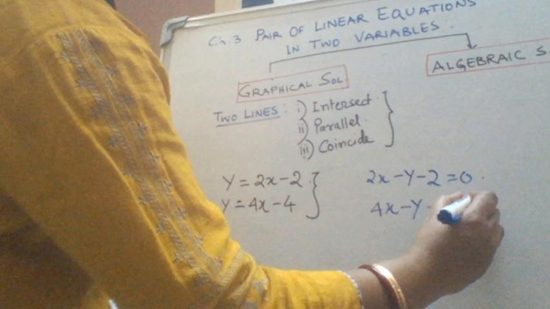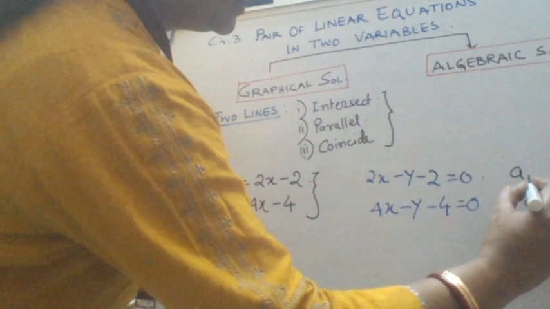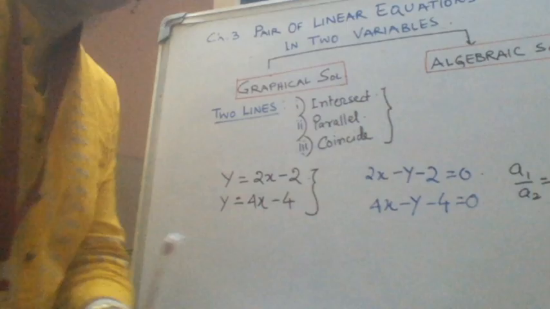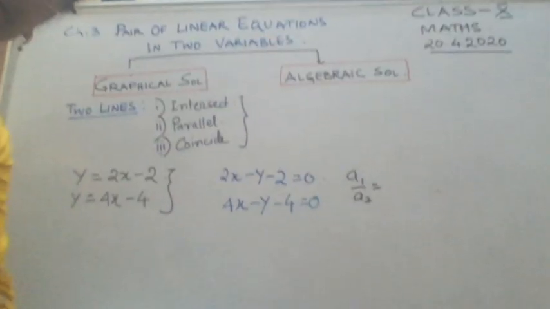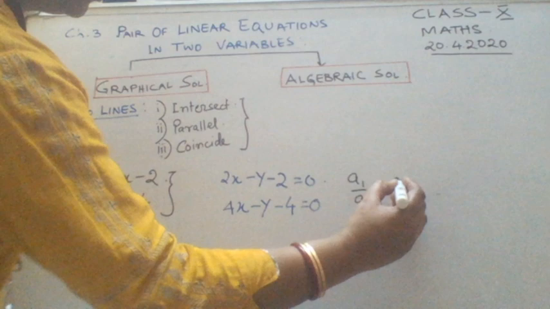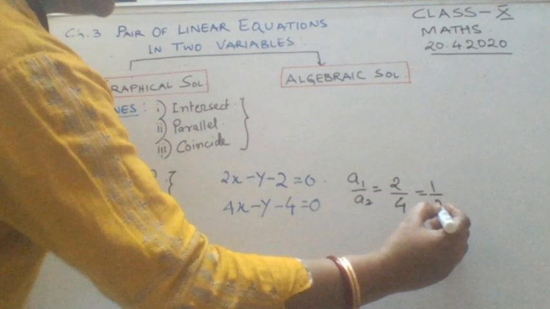So a1 upon a2, what do you get? Your a1 upon a2 is equal to 2 upon 4, that is 1 upon 2.